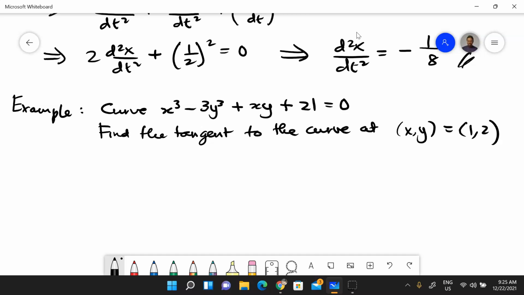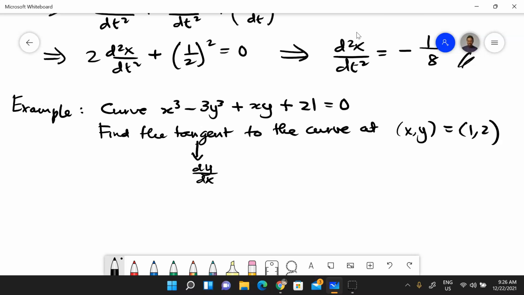So in this case, the tangent to the curve is essentially, normally we think in terms of dy/dx, if y can be written as a function of x, so that's what we do in this particular case.